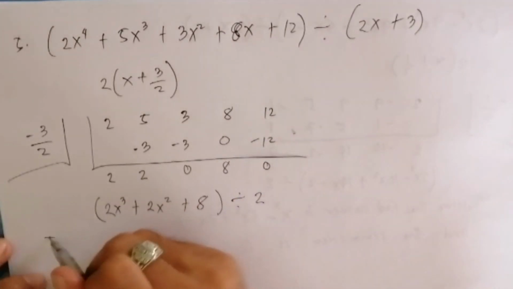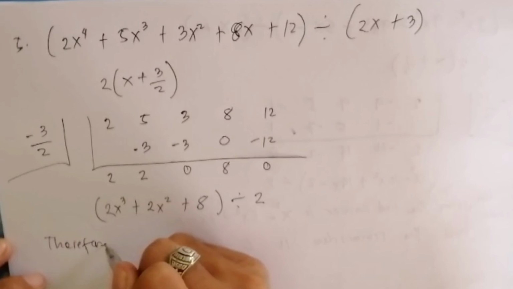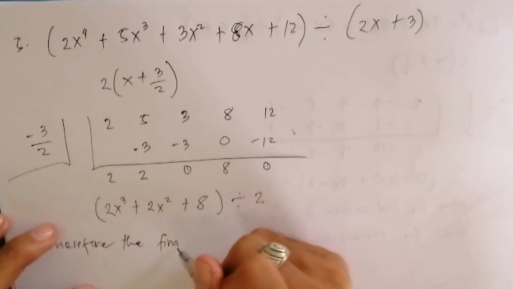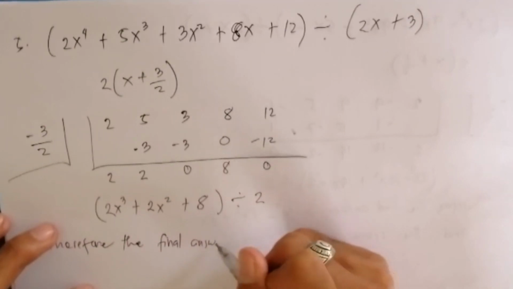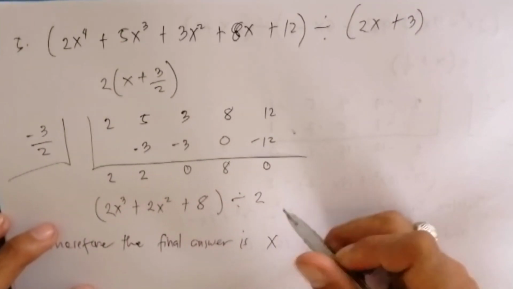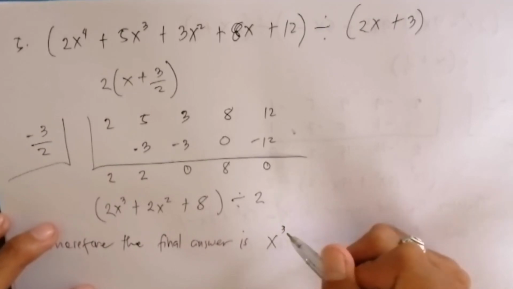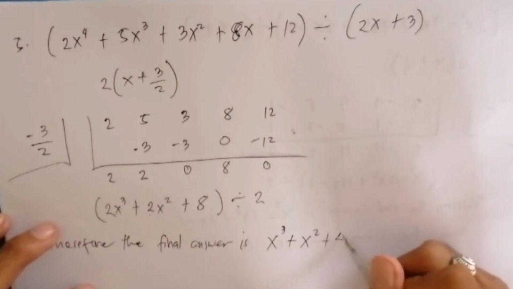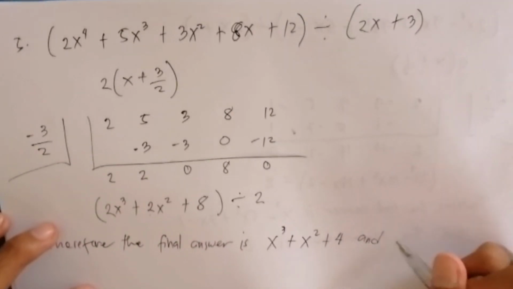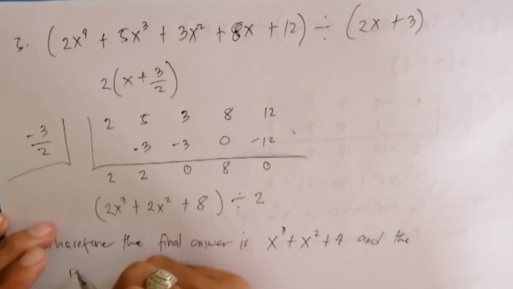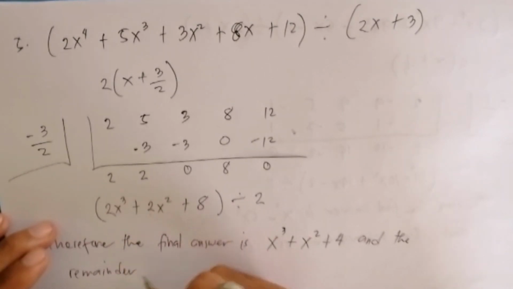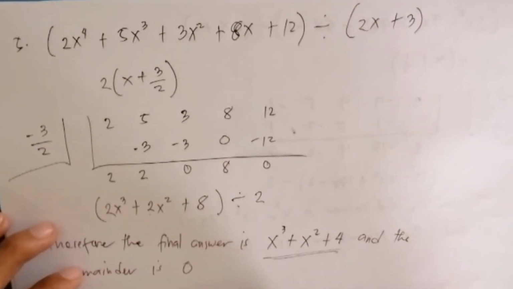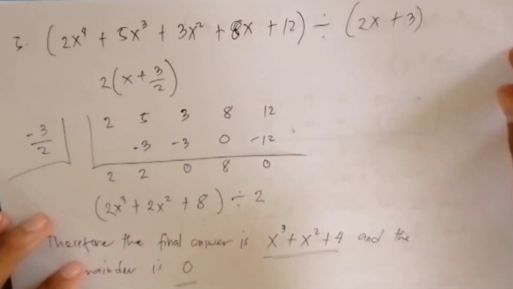So therefore the final answer is x cubed plus x squared plus 4, and the remainder is 0. So this is the quotient and this is the remainder, 0.